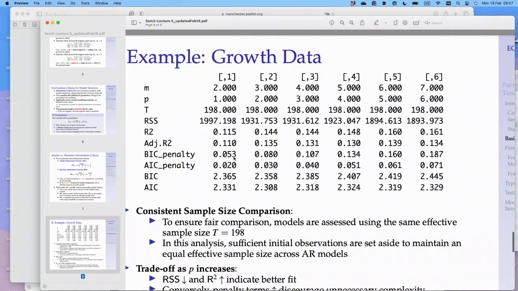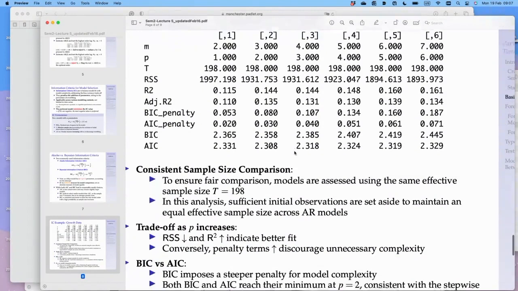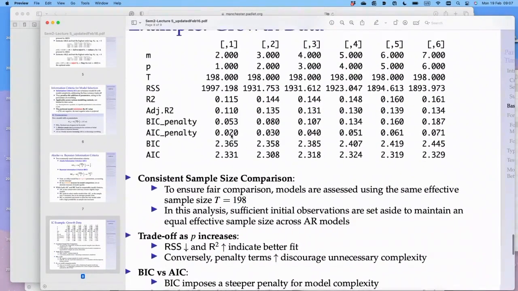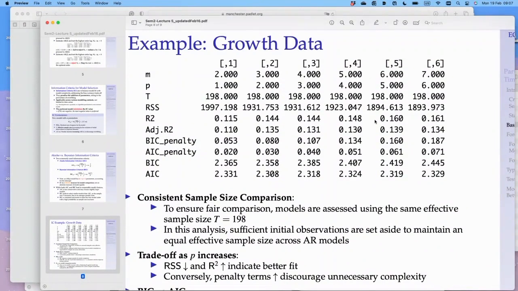We can also see that here in the example with the growth model. Here we have that the AR2 is favored compared to the AR1. And in some other models, you might see that with different data, the BIC or the AIC might actually favor, let's say, AR4 or AR5, just like the homework question, if you did attempt it.